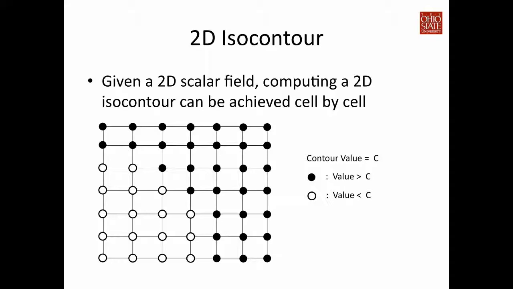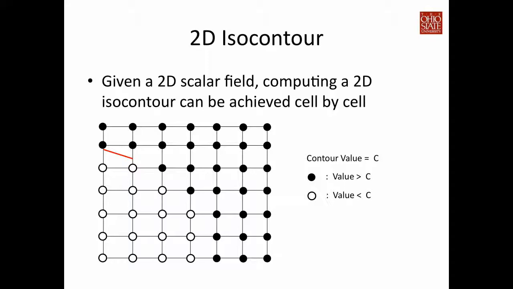In the diagram here, the black points have value greater than c, and the white points have value less than c. Now, we are going to compute the isocontour cell by cell. So that is, you look at each cell.